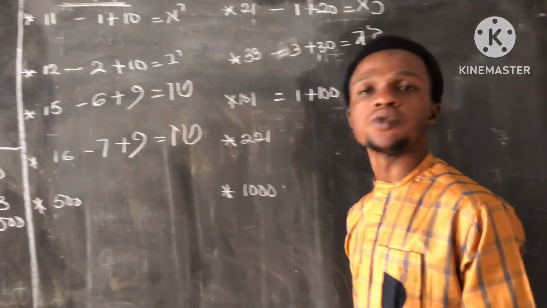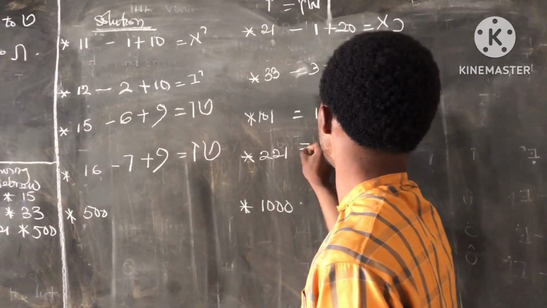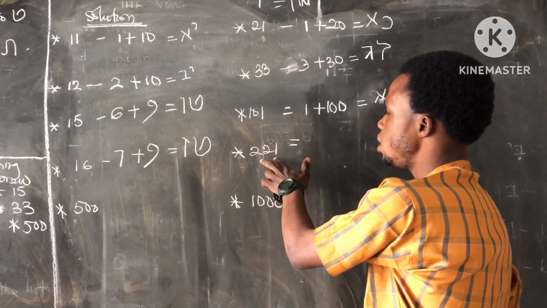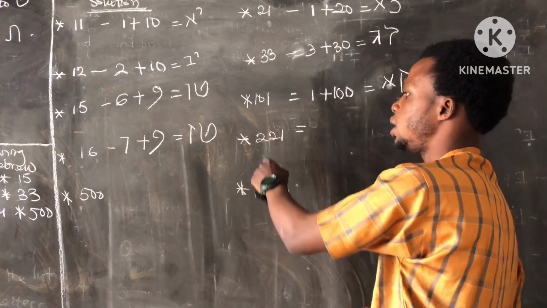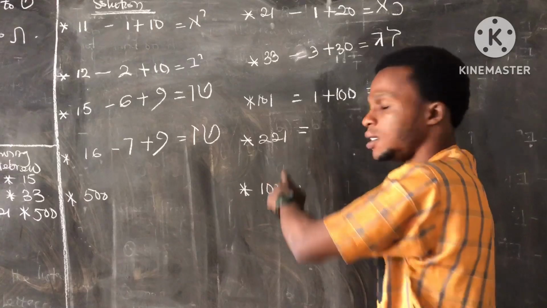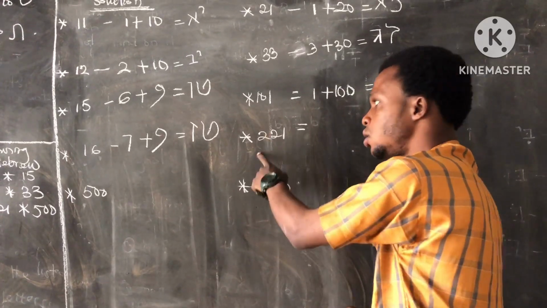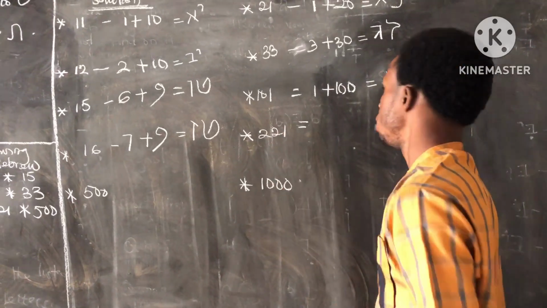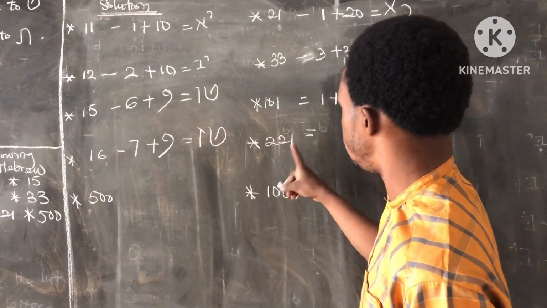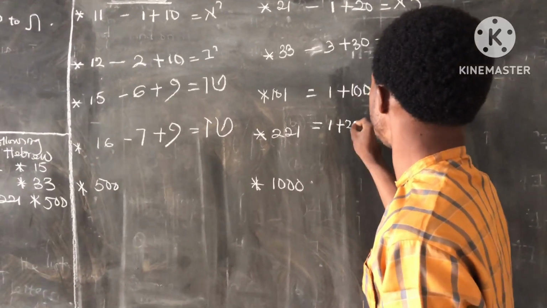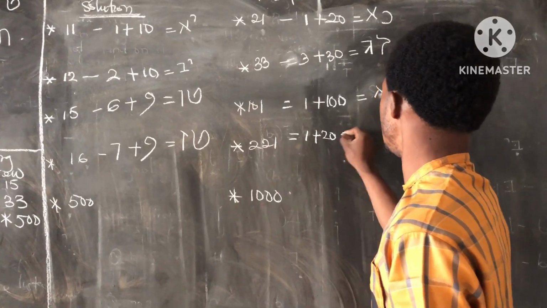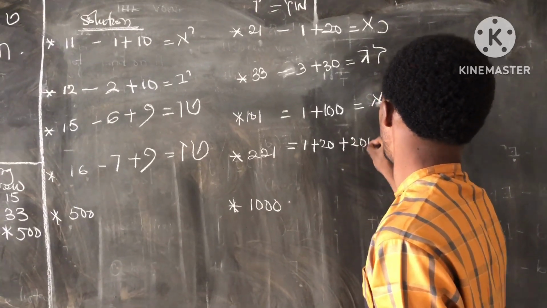So now let's move to 221. We can break this one into 3 parts, because in this number we have 100s, tens, and units. Let's start with the unit first. The unit is 1, the tens will be 20, and the 100 will be 200.